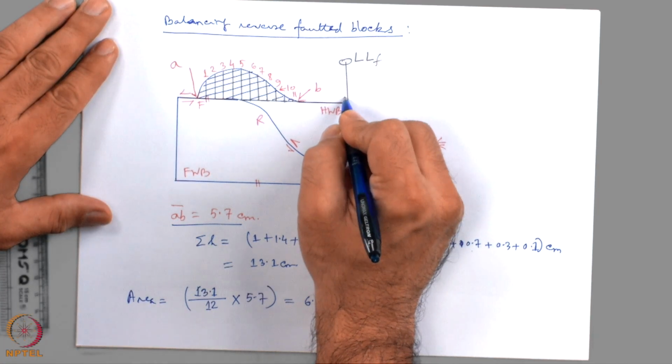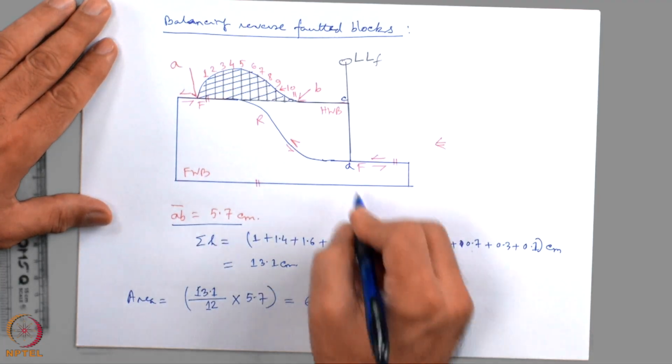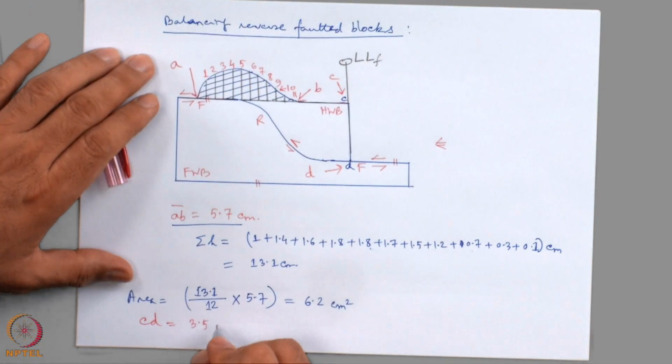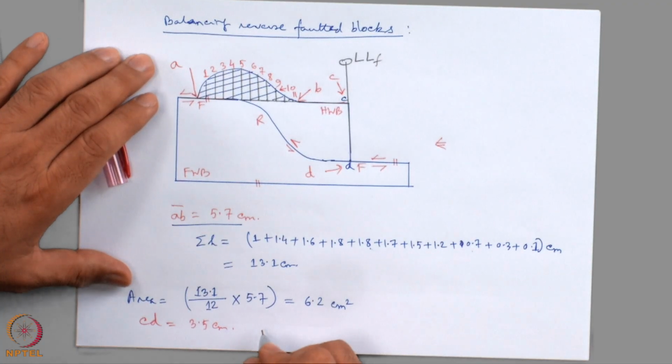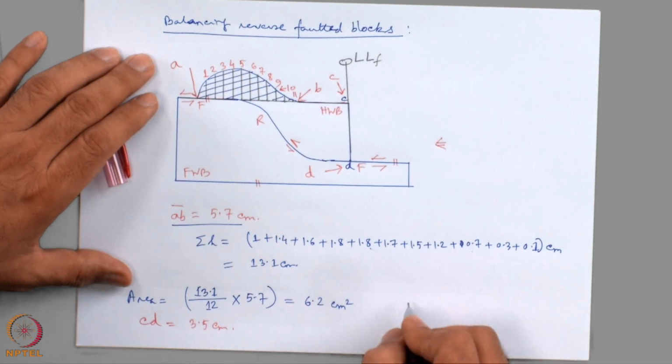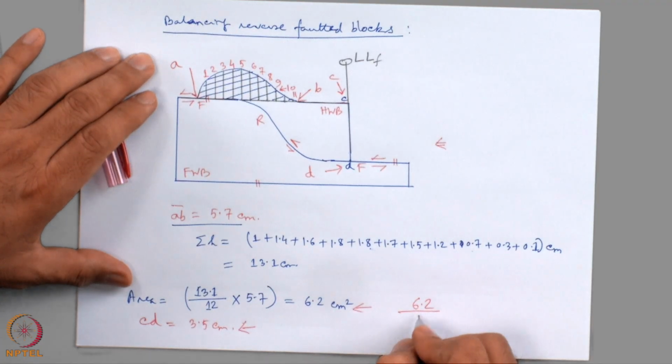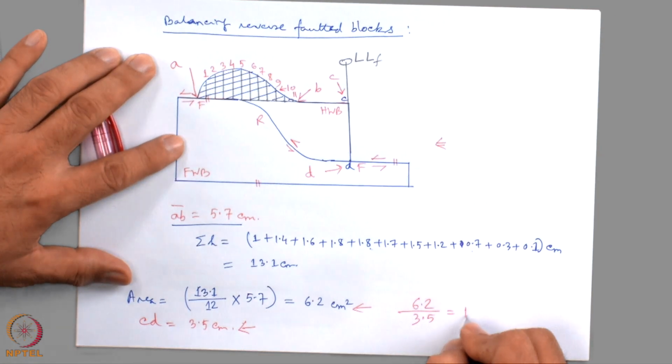We have to measure the CD length, which is equal to 3.5 centimeter. Now, we divide the area 6.2 centimeter square by 3.5 and it turns out to be 1.8 centimeter.